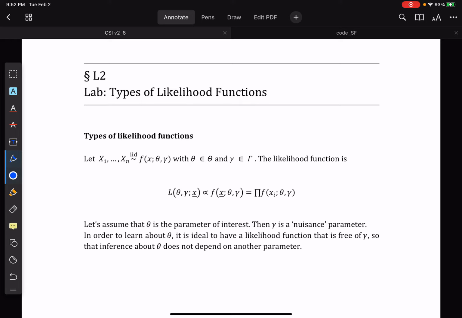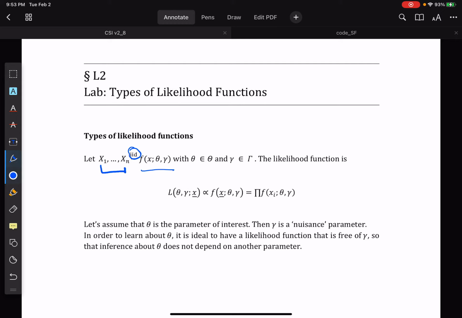Let's say I have a bunch of observations, and they're independent, identically distributed from this distribution. And this distribution has two parameters: theta, where capital Theta is the parameter space for that, and gamma, where capital Gamma is the parameter space in that case.